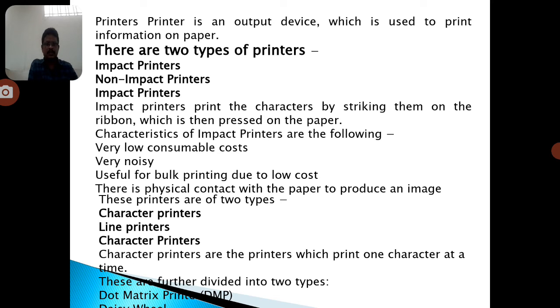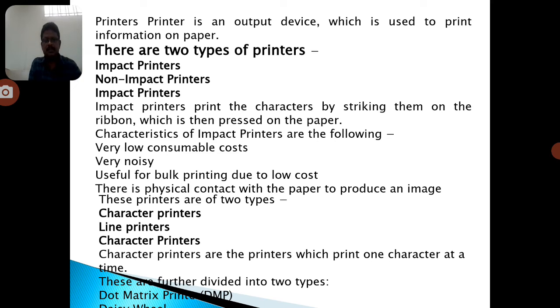And coming to the non-impact printers. But before we go to the non-impact printers, the impact printers are again divided into two: the line printer and the character printer.